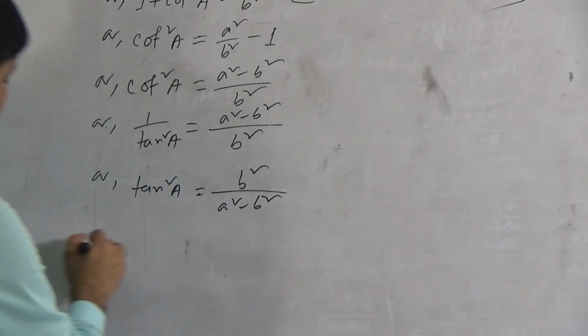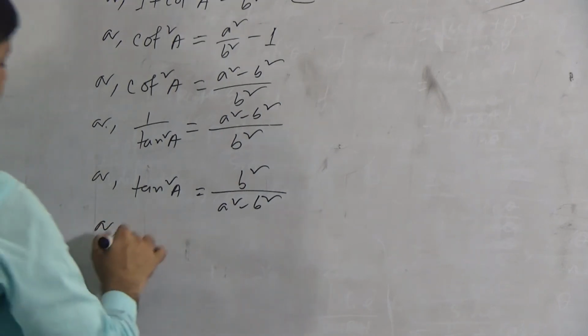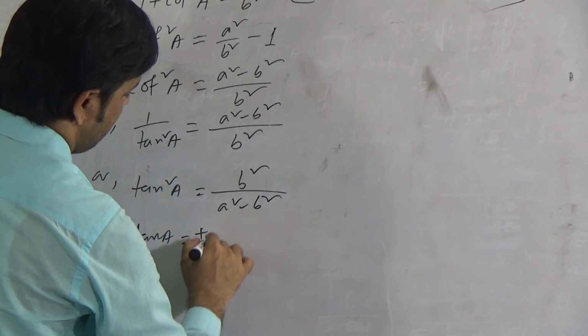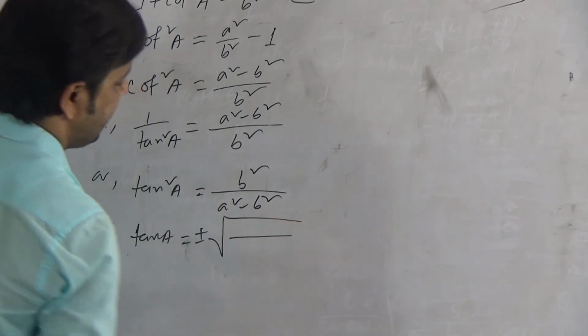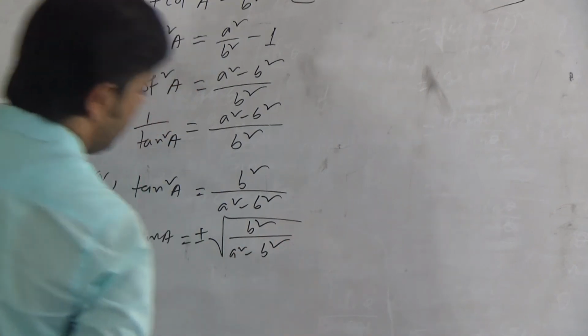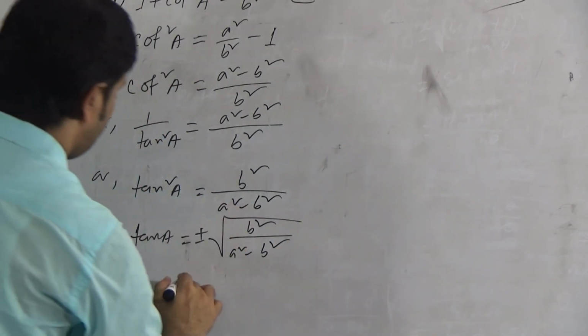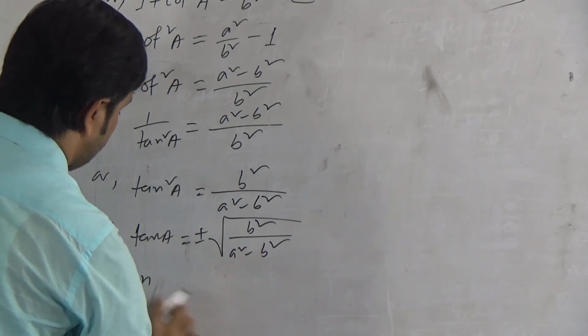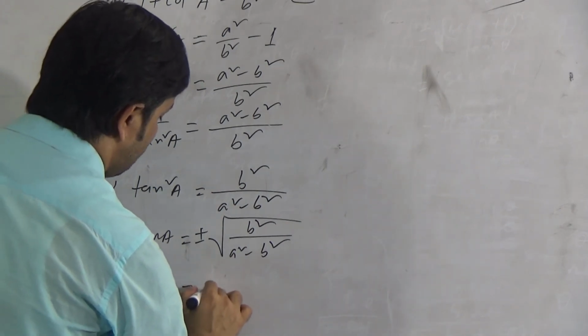So now we can write here tan A is equal to plus minus square root of B square by A square minus B square. If we take the square root on the right side, what will we get?